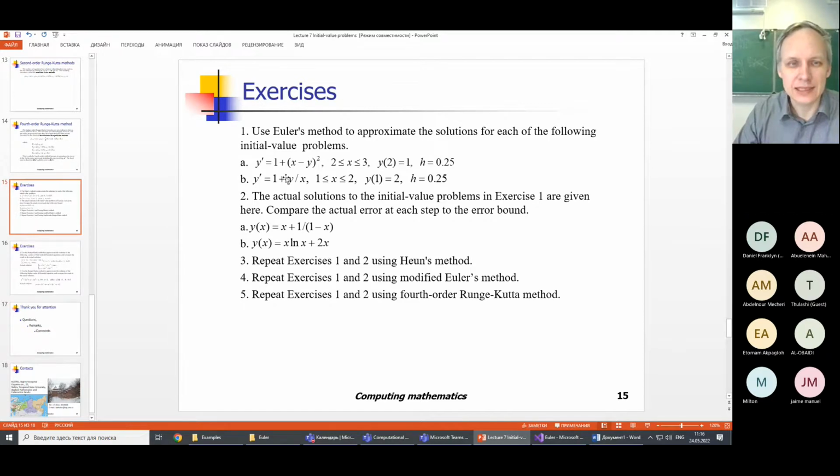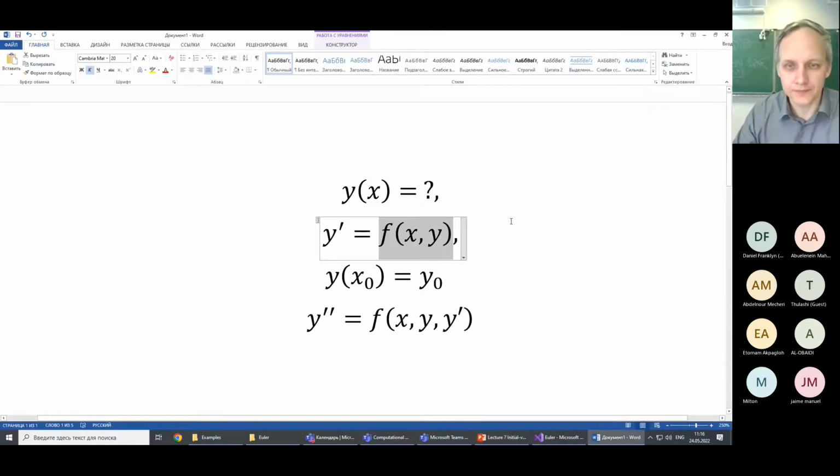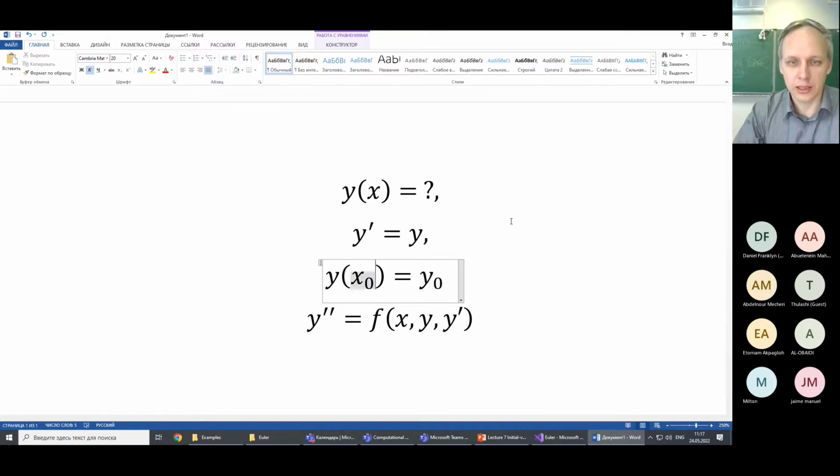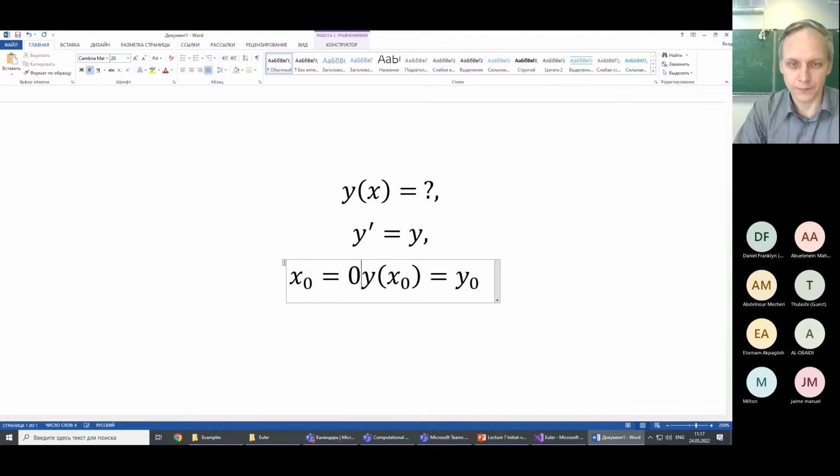Okay, let's start from a very simple example. I will write it here on the board, and let's solve this example. y prime equals y, x0 equals 0, y of x0 equals 2.